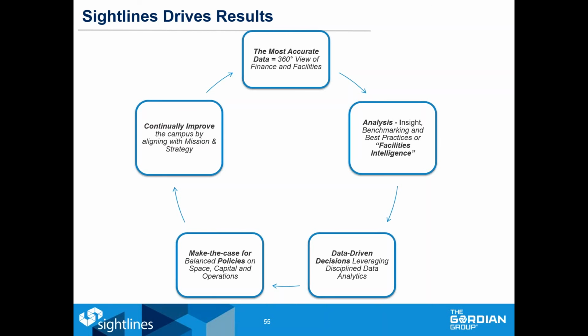The analysis, insight, benchmarking, and sharing of best practices brings you facilities intelligence. That enables you to make data-driven decisions on your campus, lets you make the case for better policies regarding space, capital, and operations, and ultimately enables you to continually improve the campus and align it with mission and strategy.